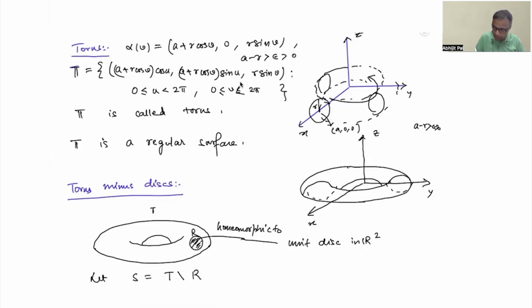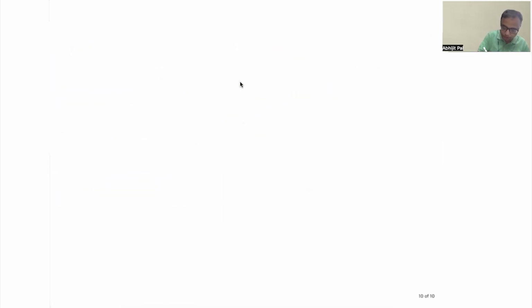So what picture will you get? What will be my S? S will be something like this after the removal. And if I remove just the interior of R, so if I take S bar to be the torus minus just the interior of R, then you'll get a boundary.